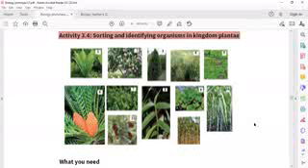Okay, then next. Let me hear from Ingrid. Number 11. Very good. Number 11 represents a gymnosperm. That is very good.